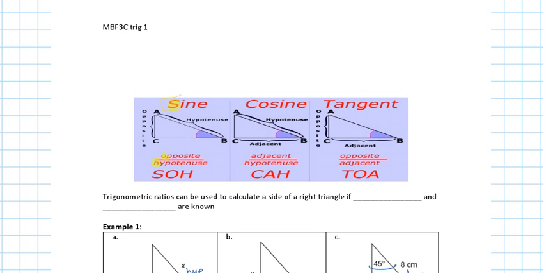CAH: cosine is adjacent over hypotenuse. CAH. TOA: so that's tan is opposite over adjacent.